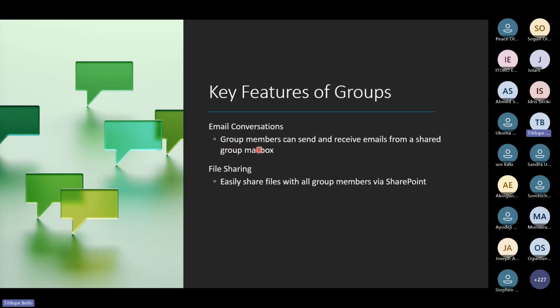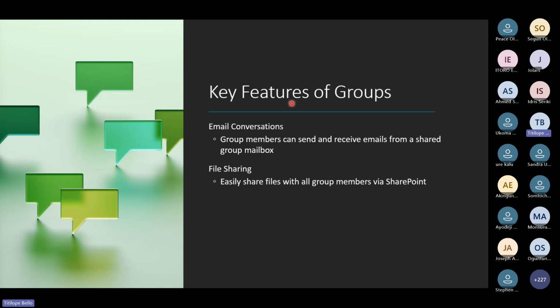But the plus that you have with a Microsoft 365 group is that it gives you access to a shared mailbox that every member can send email from or receive email into, and can also use it to manage the group calendar, right?